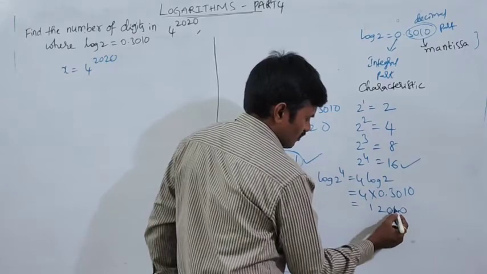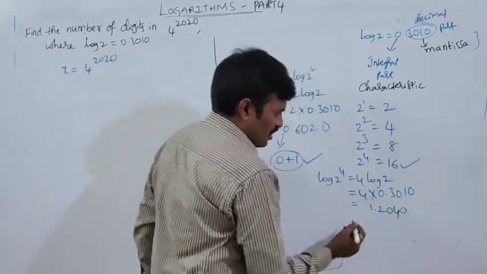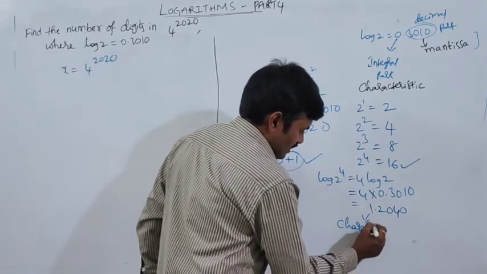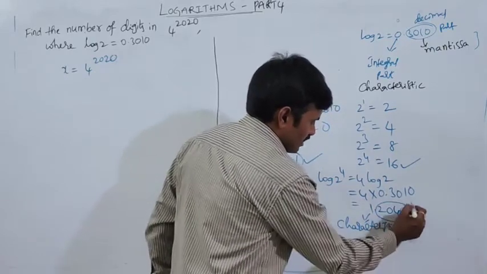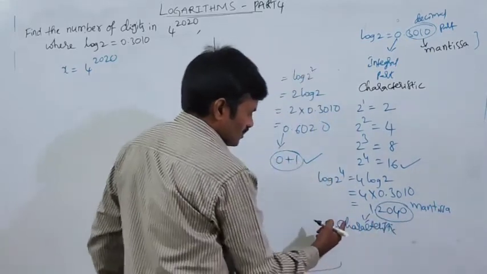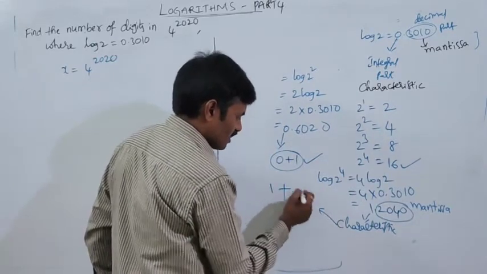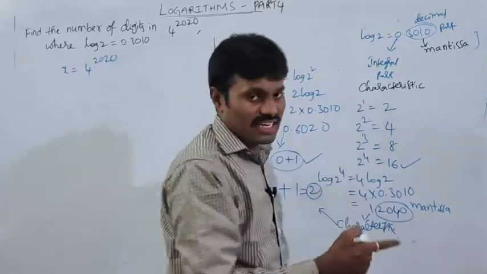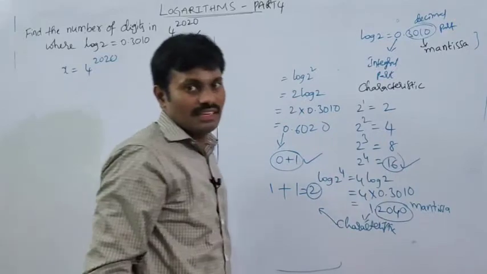So leave 4 decimals and put a decimal point. Now what is 1? We call 1 the characteristic, and the decimal part is called the mantissa. Now how many digits are there? We should add 1 to the characteristic. The characteristic here is 1, plus 1 in the formula gives 2. So there are 2 digits in the expansion of 2 power 4. Of course we know that it is 16. Is it clear or not?